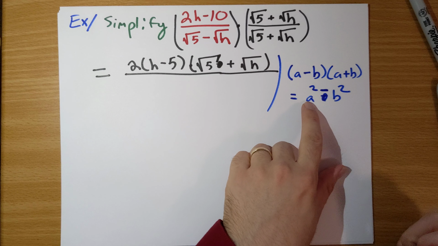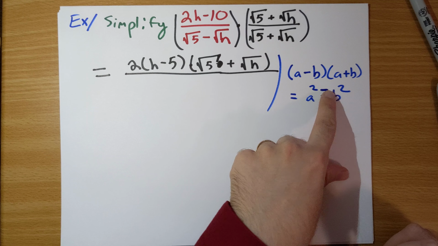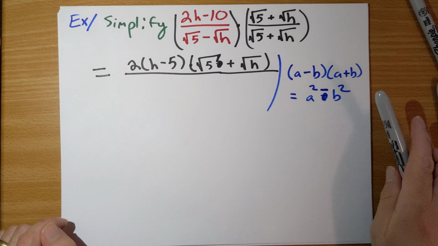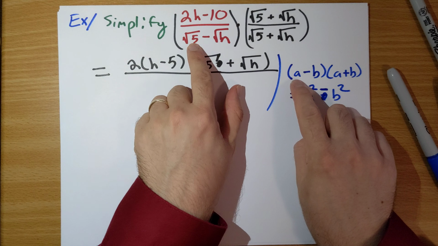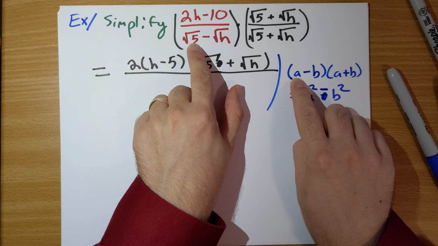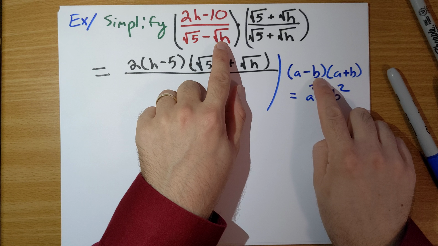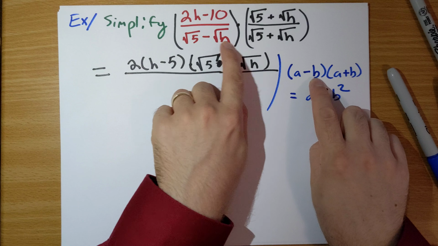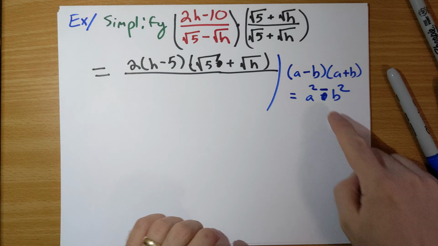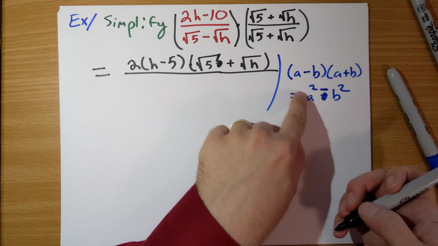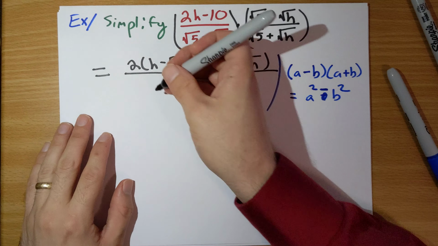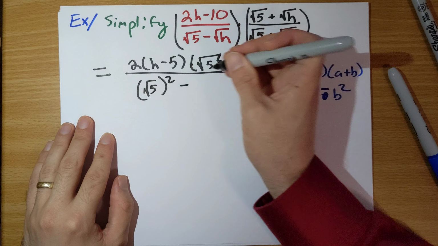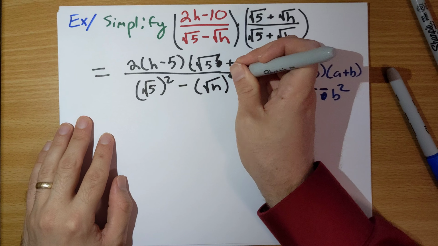The formula for the difference of two squares: a squared minus b squared, you can factor as (a minus b) times (a plus b). Here, square root 5 is playing the role of a, and square root h is playing the role of b. So this is going to equal a squared minus b squared, so square root 5 squared minus square root h squared.